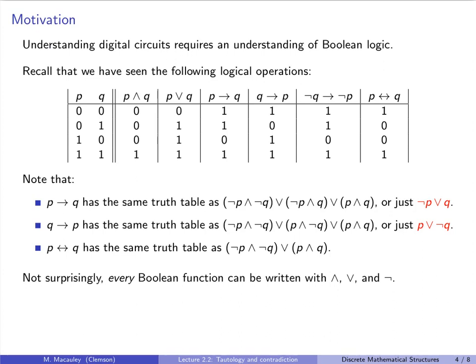Not surprisingly, every Boolean function can be written with just and, or, and not. And hopefully, by looking at these examples, you see how to do it. Basically, just go down the entries in the truth table, and for every one entry, you can create an expression with not and as to how to set P and Q, or maybe there's more variables, to get out that one output, and then you can just OR all those expressions together, which is what we did here.